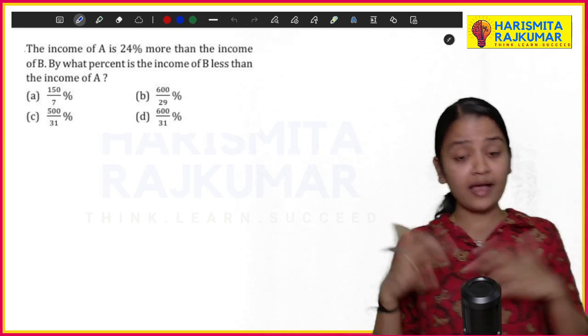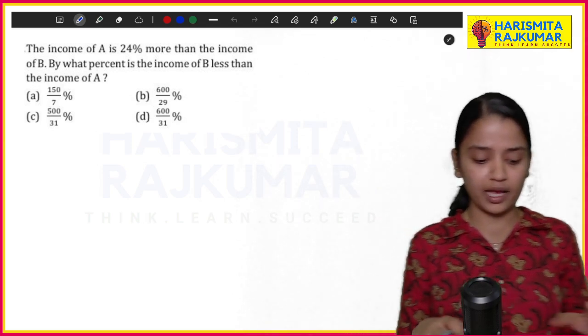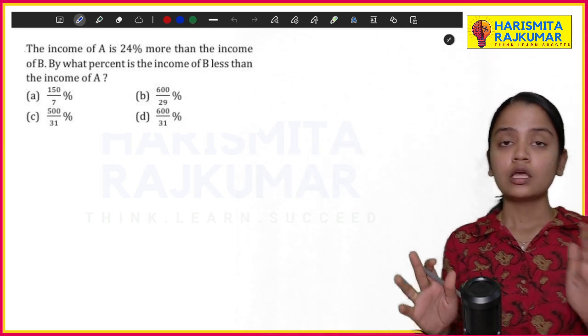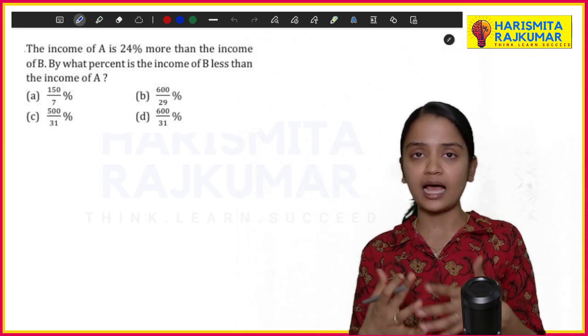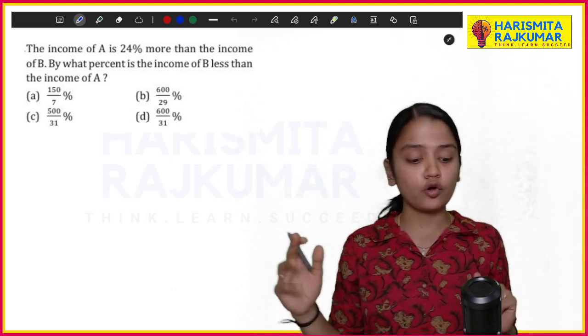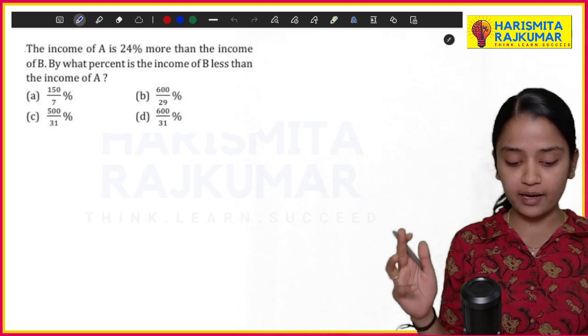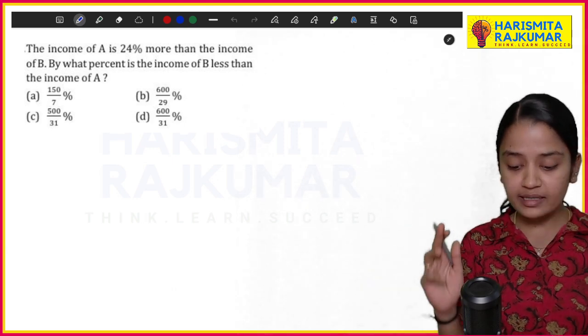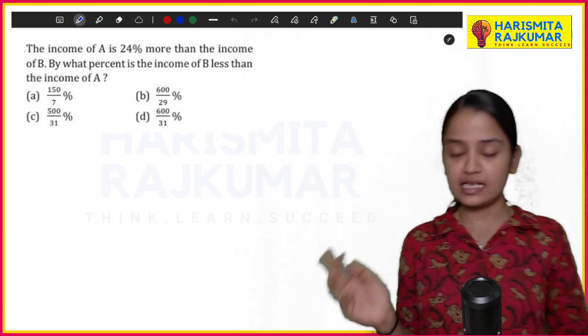As I already told you, I asked you to solve this question. If you're not able to solve it, I'll answer it. If A is 24 percent more than B, what percentage is B less than A?